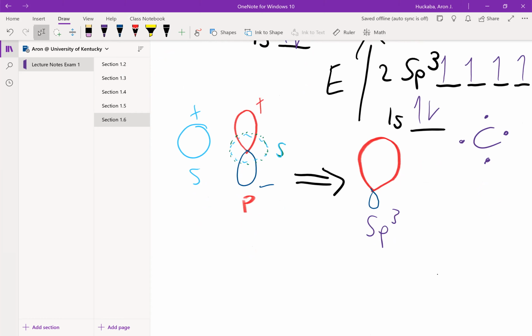And if we were to draw this, or do my best to draw this, you would see that the sp3 orbitals, when you put them together onto a carbon atom, here's our carbon atom, would look like this. Kind of like a weird little balloon animal. And this is how the carbon makes all 4 of those bonds.